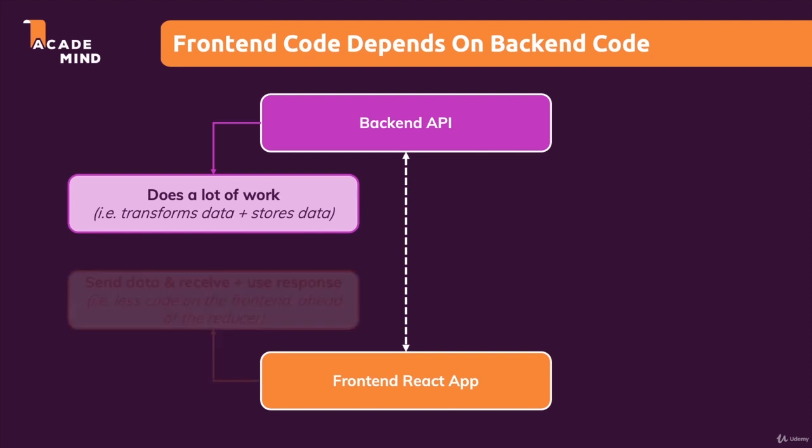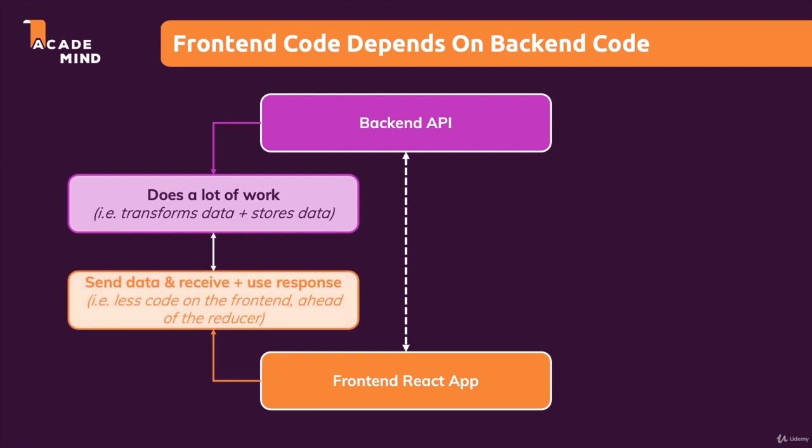It could send that data to the backend, let the backend do the transformation, and then use the response on the front end to then just there hand it off to the reducer, for example, to store that response. So then we could slim down our reducer and basically just take the incoming data, which is coming from the backend and which was transformed there. So let's say the final cart, we could just take that and store that in Redux. That's something we could do then.